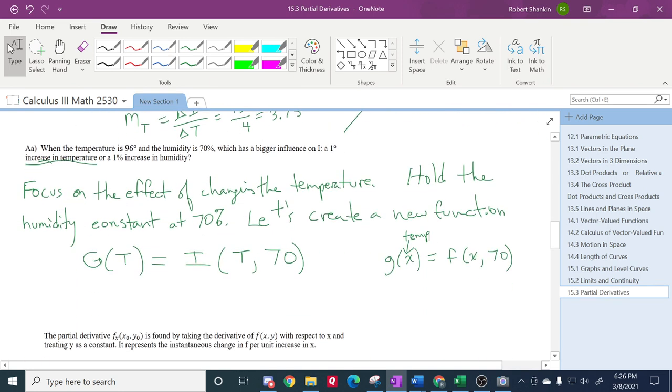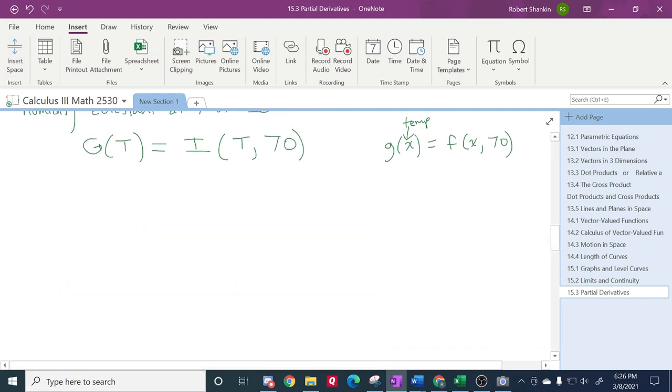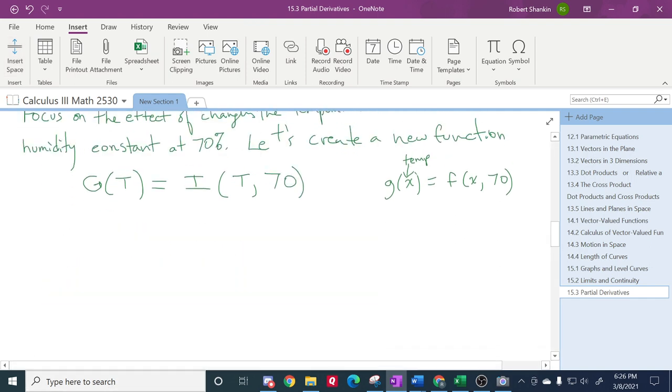And then we find, let me get a little more space here. We find G prime of cap T. And we'd find G prime at a specific value of T, which is 96.